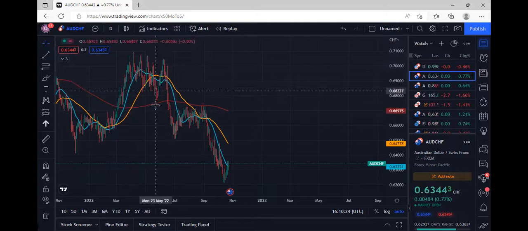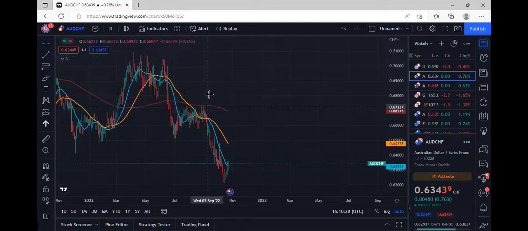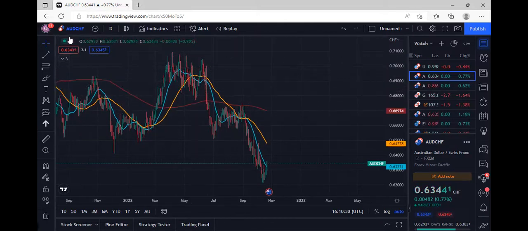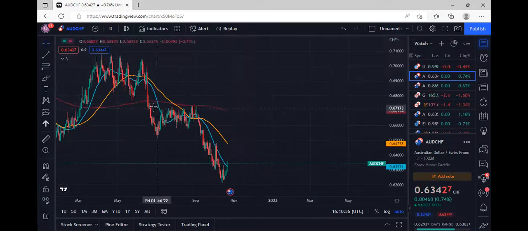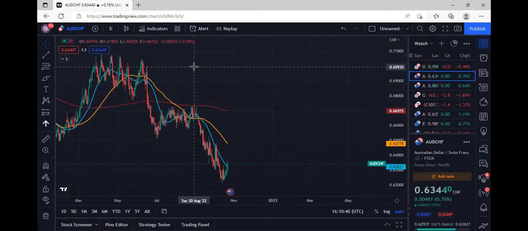By going to the higher time frame, you see the overall trend of the market. The overall trend of the market on AUD/CHF right now is a downtrend. Okay, the market is trending to the downside. How do I know that the market is a bearish market?